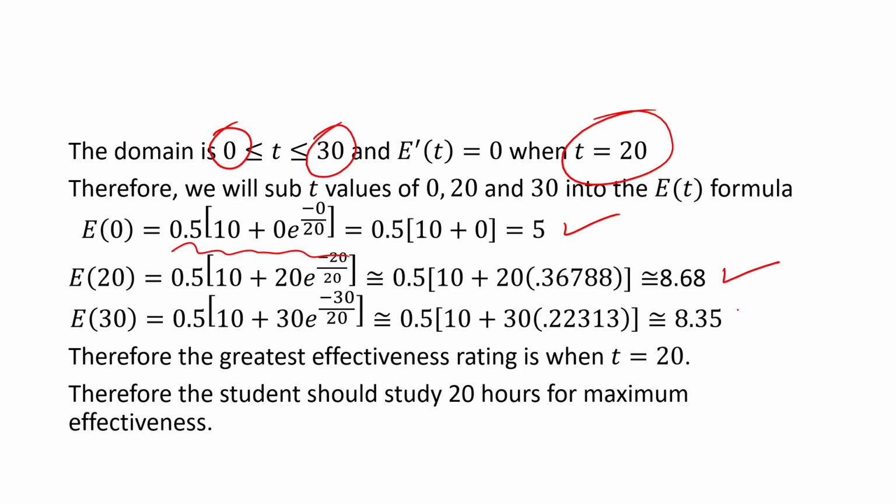And if we let t equal 30, we get an effectiveness level of approximately 8.35. And so what's interesting is that the most effective number of hours to study would be 20. Perhaps that would mean there's a little extra time for balance in their life and some sleep and nutrition, etc.